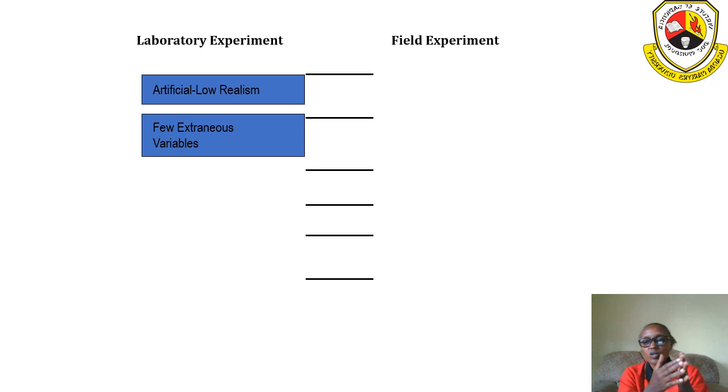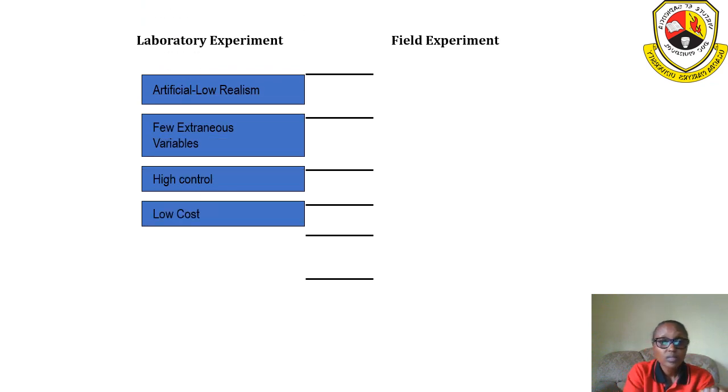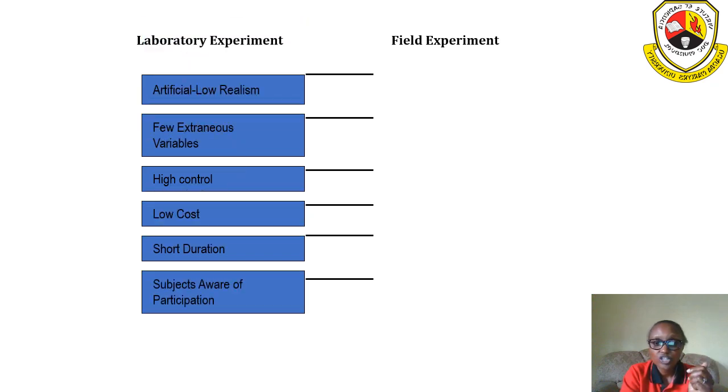So it may affect your results on how effective a drug is at treating the COVID virus. So there's also high control. That's an artificial environment, and of course there's low cost, and it's also for short duration.